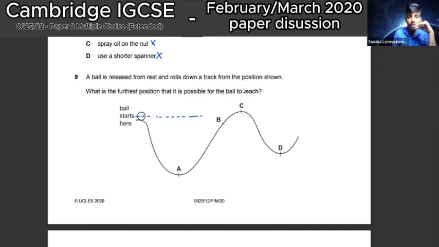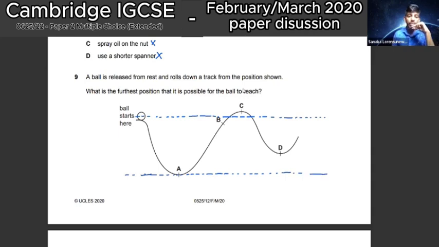Okay. Then I draw a horizontal line. It's easy for me to explain this situation. Then I draw another horizontal line parallel to this line.